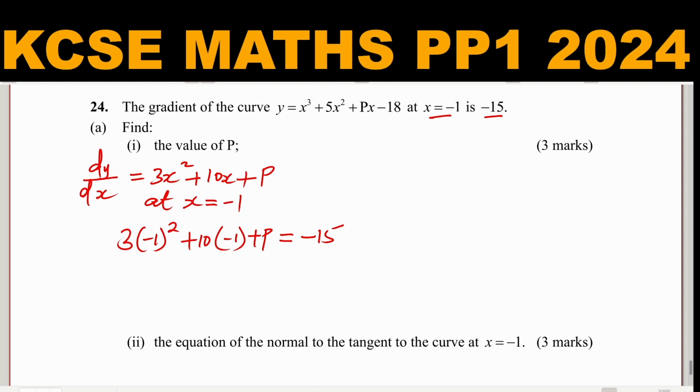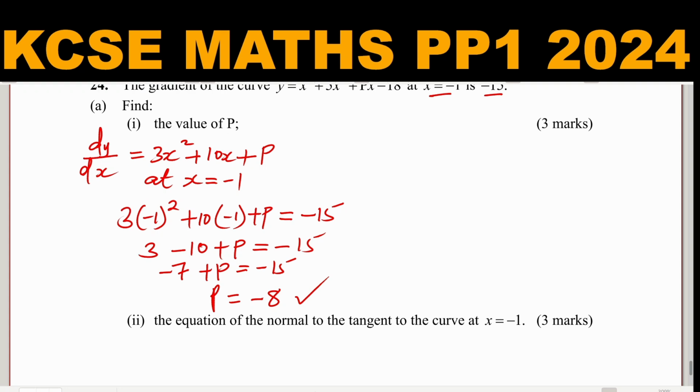So this gives 3 minus 10 plus p equals -15, which is -7 plus p equals -15. So p equals -15 plus 7, that will give -8. So that is the value of p.